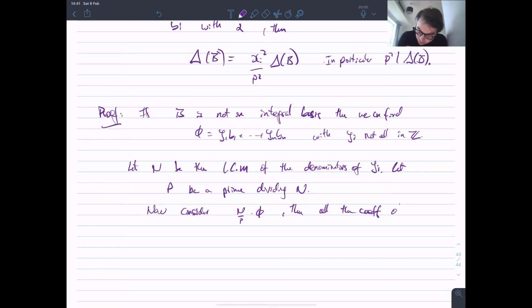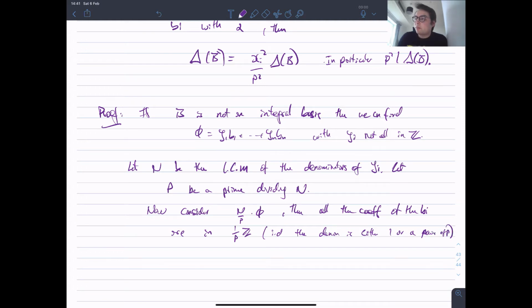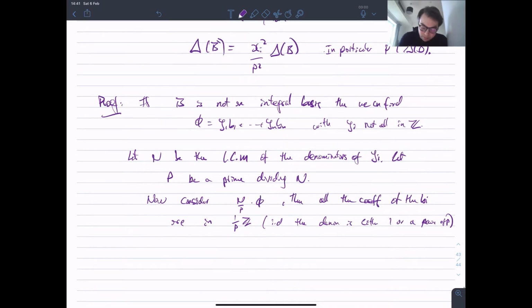Then all the coefficients of the bi in this new number are in (1/p)Z. I just mean that the denominator is either 1 or a power of p. And we know that at least one of them has denominator p.